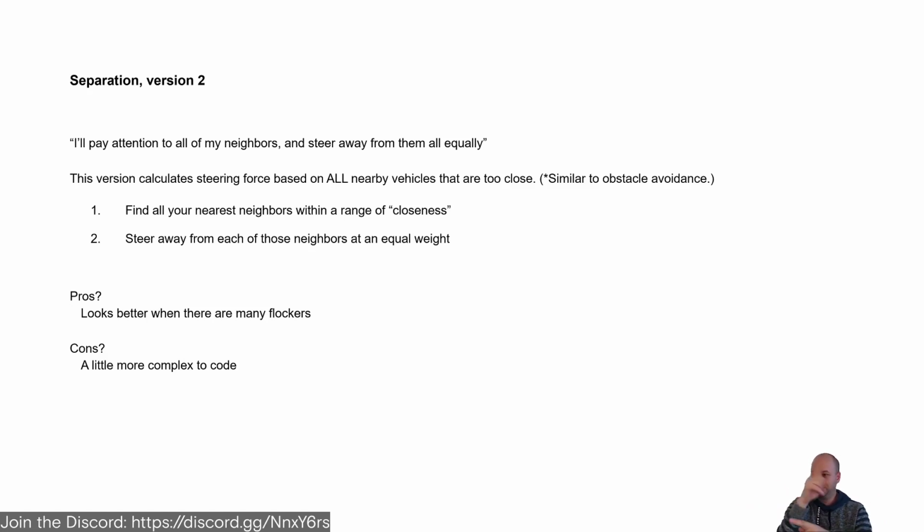So for example, if we're completely surrounded by objects, the ideal direction is to go straight, to not change at all. And if every single one of those objects is about the same distance from us, then all of their forces will cancel out. But the downside to this is that it's a little bit harder to code. You have to iterate through all the objects, and you have to apply this test to only a certain subset of them, meaning some testing and logic to figure out what makes sense and what doesn't.